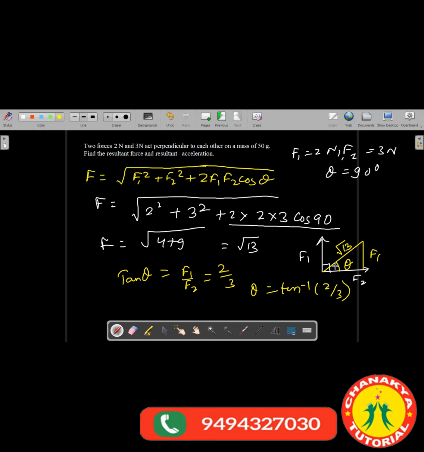That's 3.6. So our force here is 3.6 Newton. Its direction is also given. So theta we obtained as 21.14 degree.